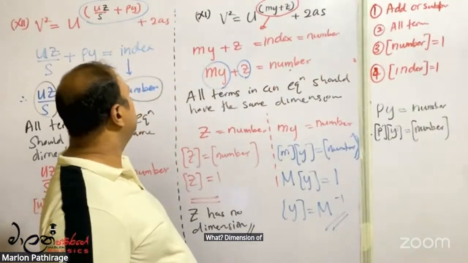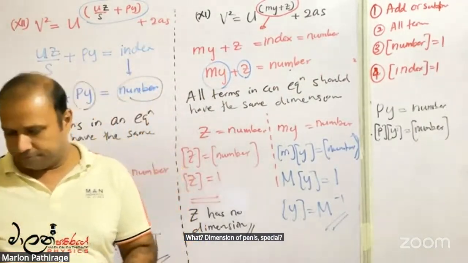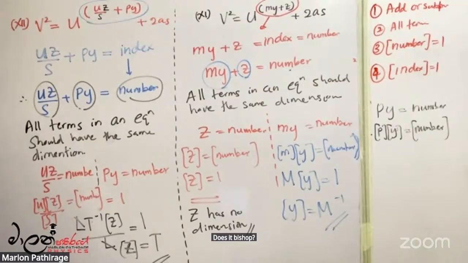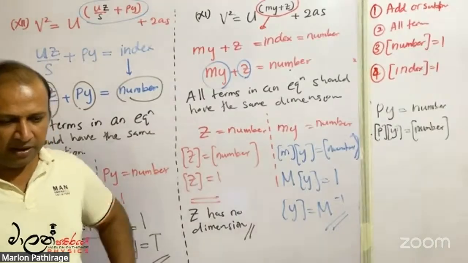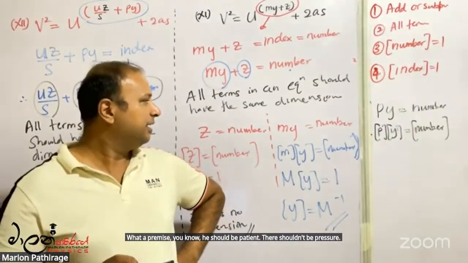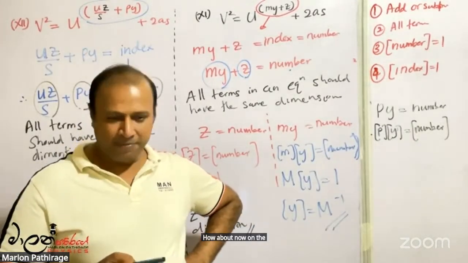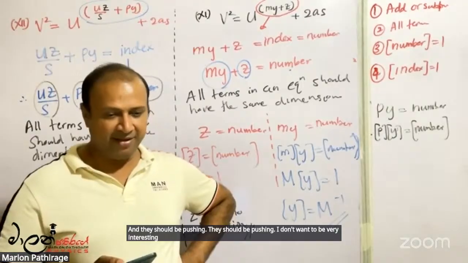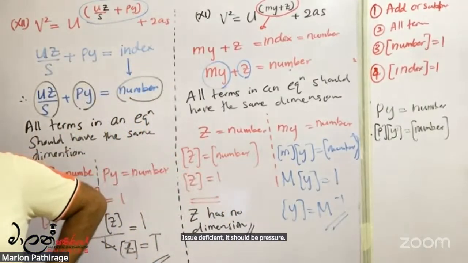Dimension of P means pressure, no? That's the pressure. P should be pressure, time is T. You have to change that thing.